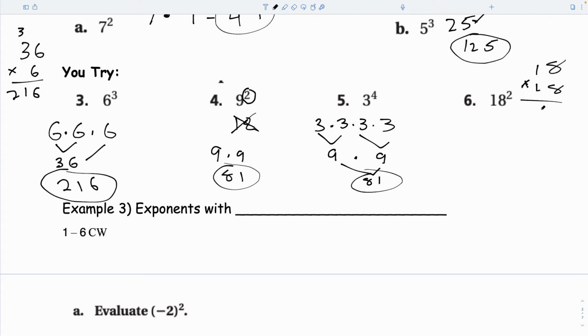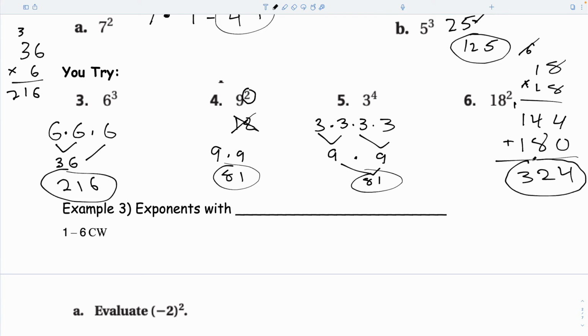Is that really it? 8 times 8 is 64. 8 times 1 is 8 plus 6 is 14. I think it's going to be a little bit smaller. Maybe. 1 times 8 is 8. 1 times 1 is 1. Yeah, it should be 324. Check your work.